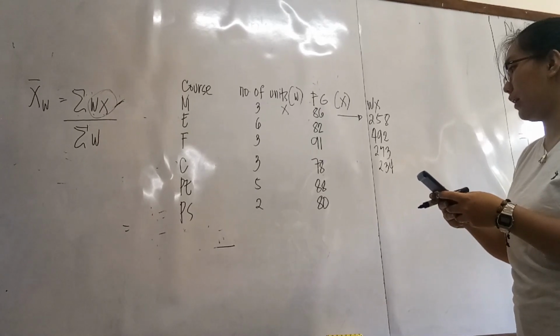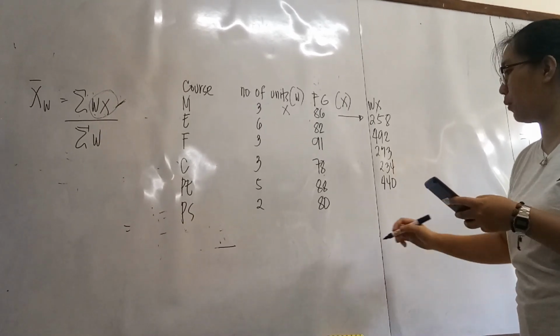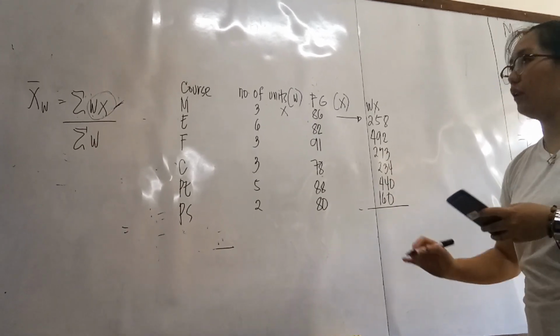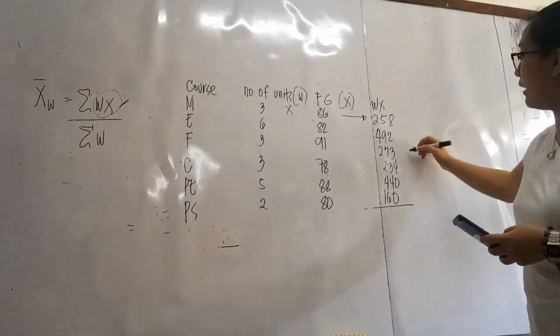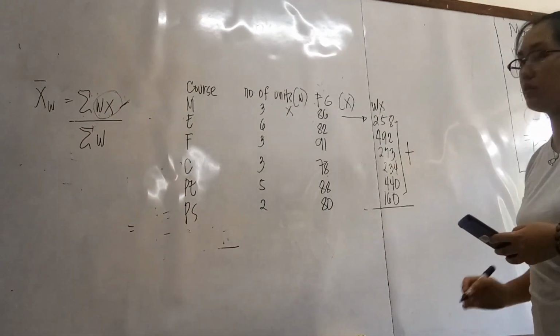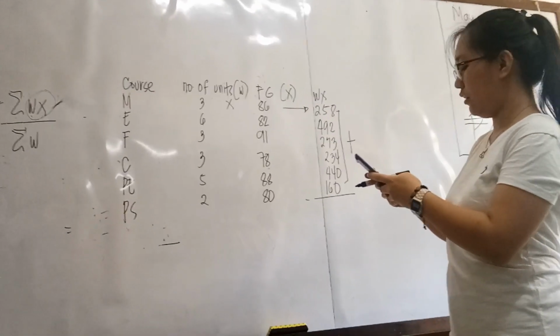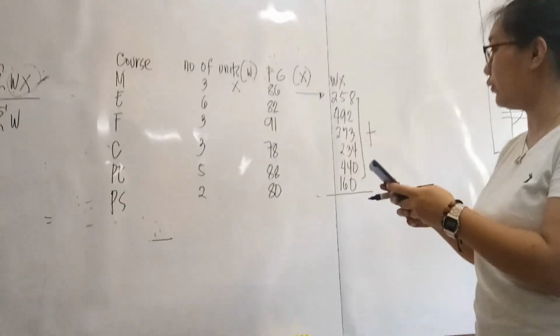Then we have 5 times 88, we have 440. And of course, 2 times 80, we have 160. Okay? All we have to do is, again, get the summation. So we're going to add all of the values here. So let's add 258 plus 492 plus 273 plus 234.